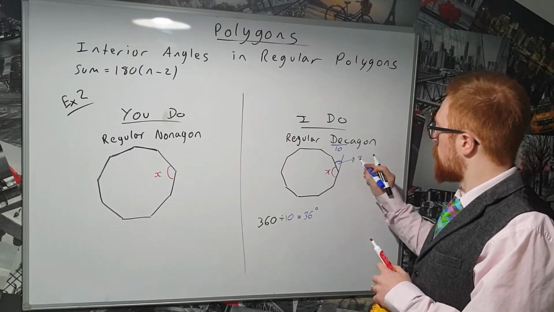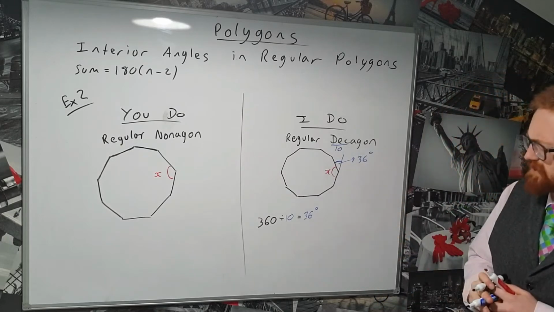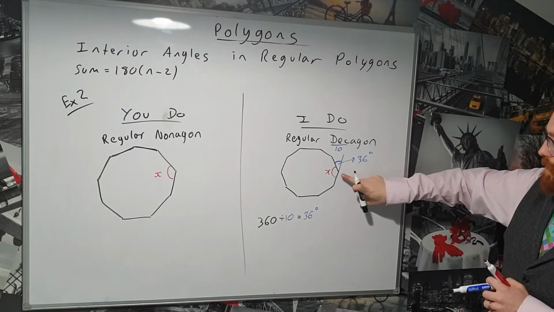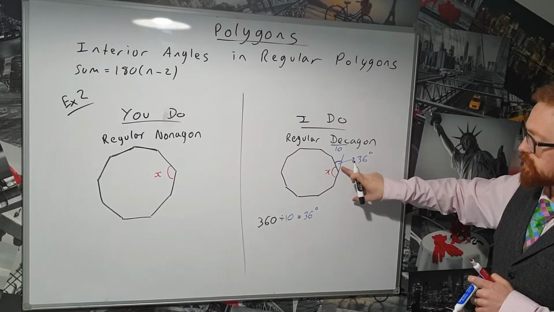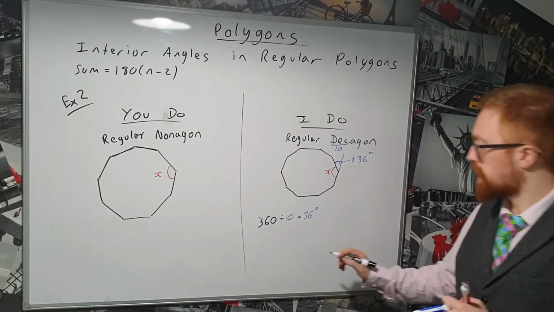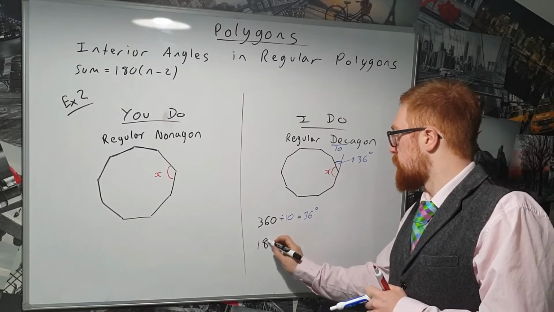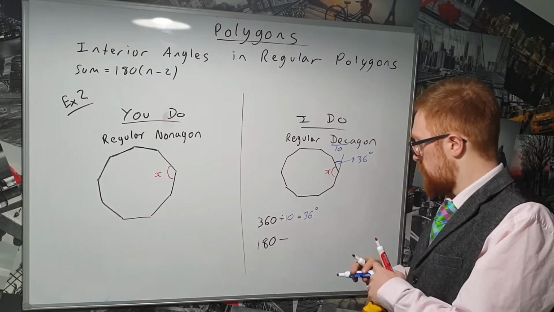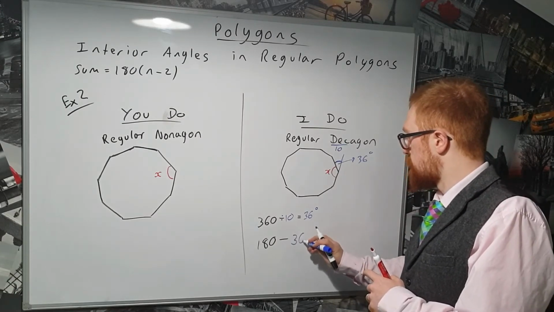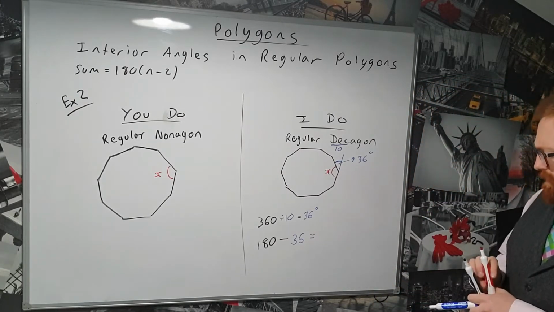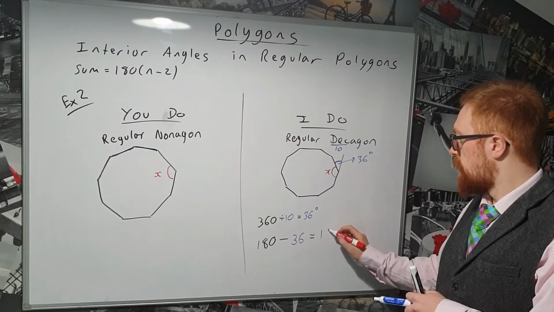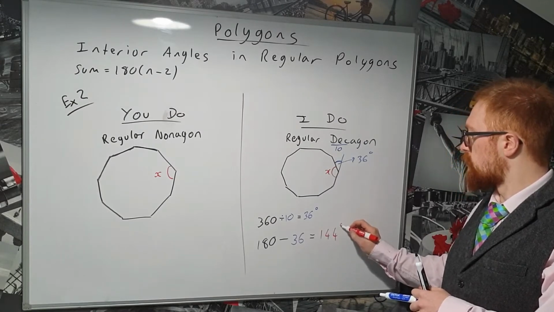So that angle there is 36 degrees. Now, we can also recall that angles on a straight line add up to 180. So to work out x, I do 180, take away 36, and that gives us an answer of 144 degrees.